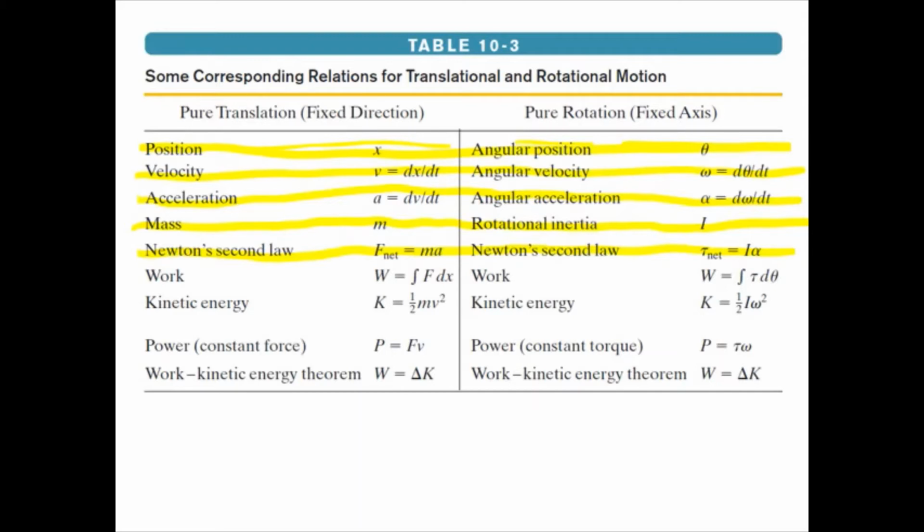Now it's interesting and important to note that this process of similar equations continues. Work done is force times distance, or the integral of force over some little integral of length that the force acts over while the object moves. And so that becomes work equals torque times theta.